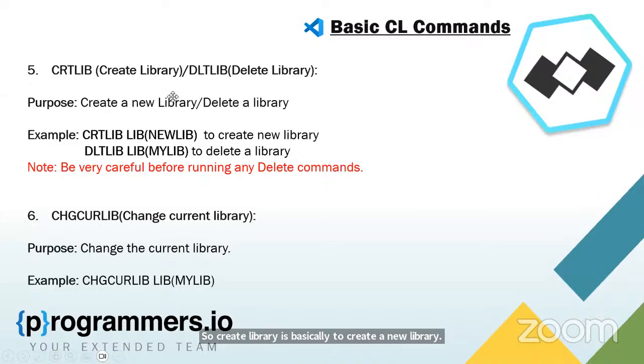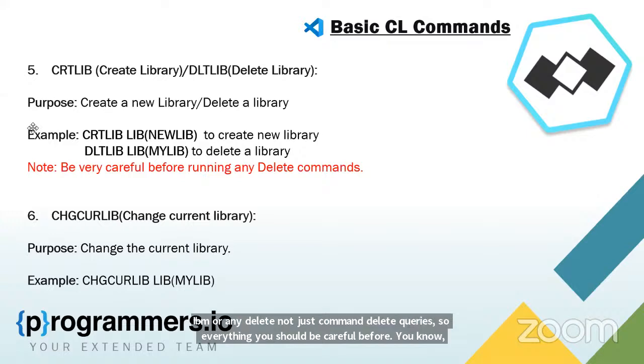A library is where all of your sources, objects, everything will reside. So you will have to be very careful before running any delete command. It's not just for the delete library command. It is for all the delete commands which we have in IBM i, or any delete, not just commands, delete queries. So you should be very careful before executing those.